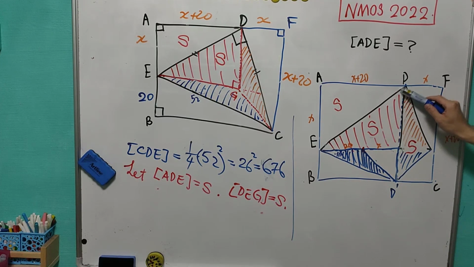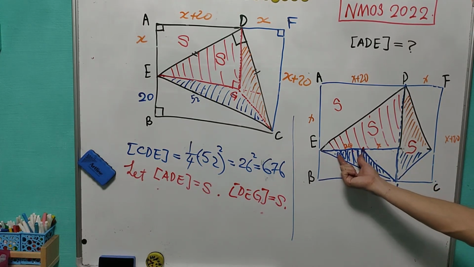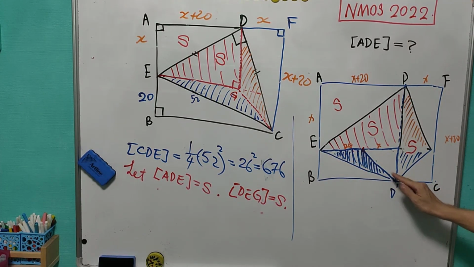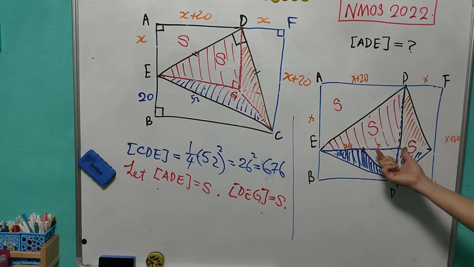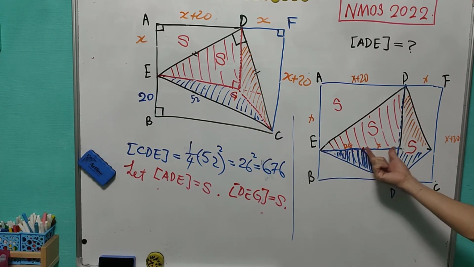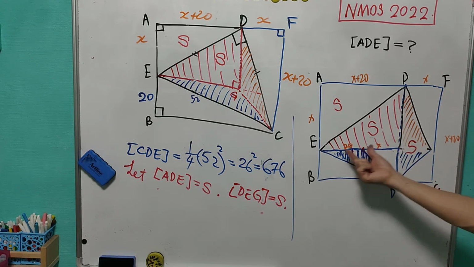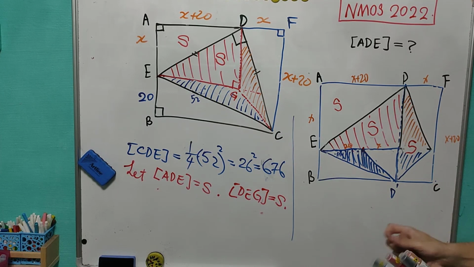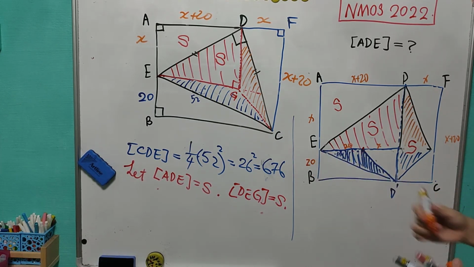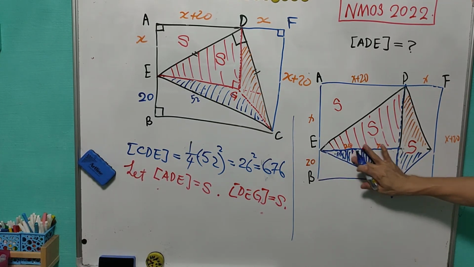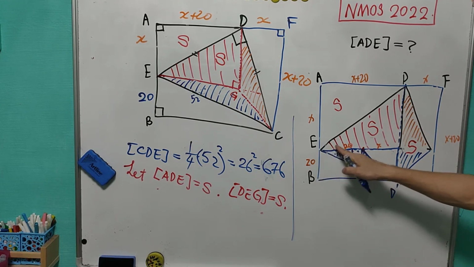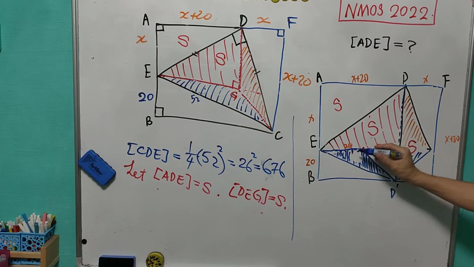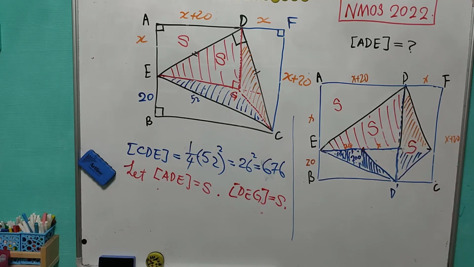Again, the total area of red, orange and blue will be exactly the same. Now, what happened to this smaller part of blue color? Initially, it is X plus 20. And as X moves to here, we have only 20. So the base now is 20, the height is also 20. So this area is equal to half of 20 times 20, that is half of 400, which is 200.